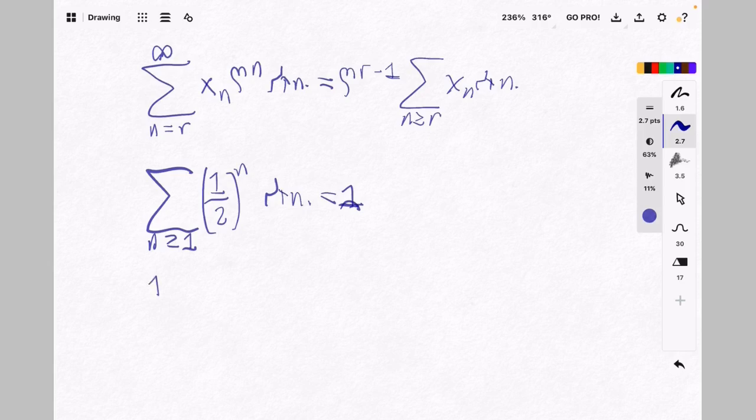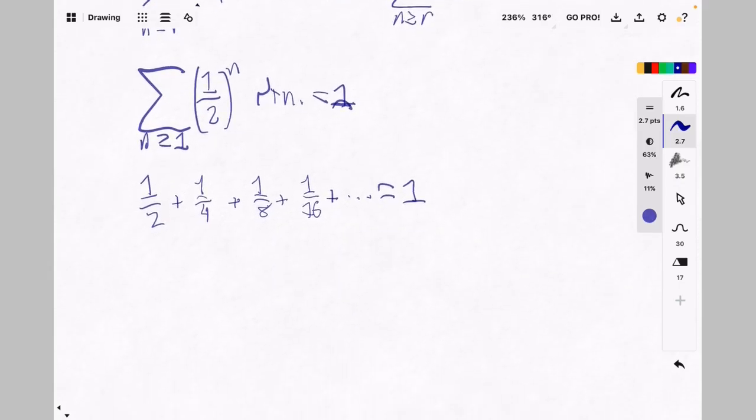Or if you want to write it out like this, 1/2 plus 1/4 plus 1/8 plus 1/16 plus so on equals 1. Now, if we multiply both sides by 1/2, we just get 1/4 plus 1/8 plus 1/16 plus so on equals 1/2.